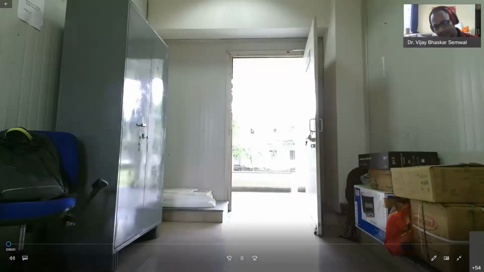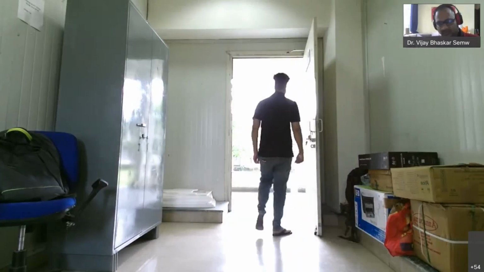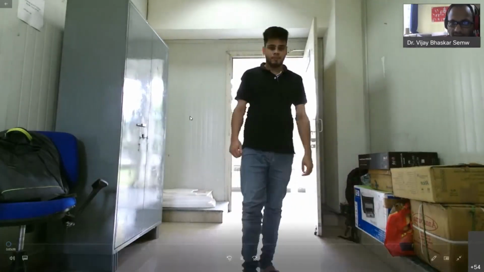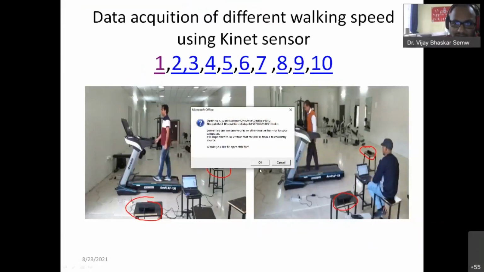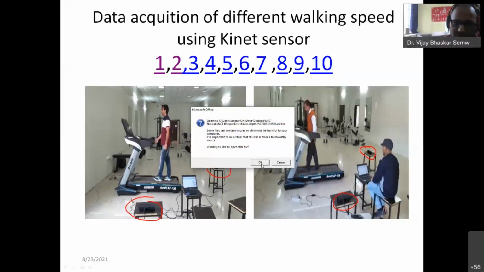In the video, a person comes and performs the walk in front of the camera. The camera has RGB images, so it captures the color. This is just a depth image. This is the RGB image of the person walking.